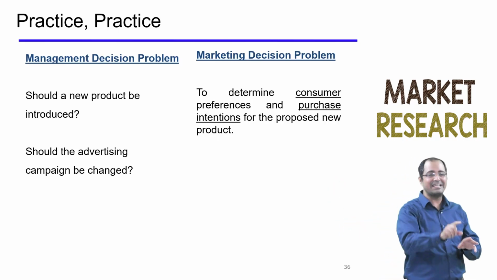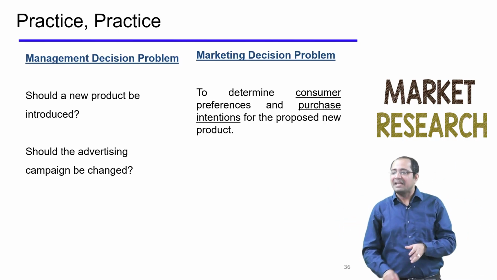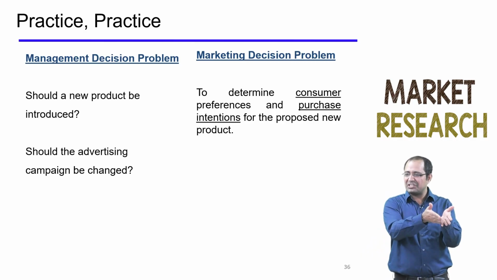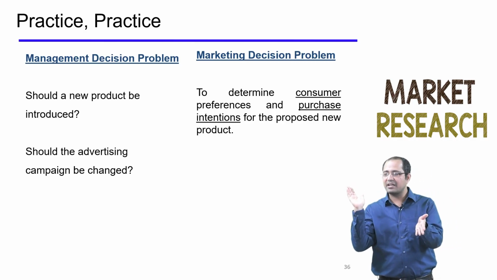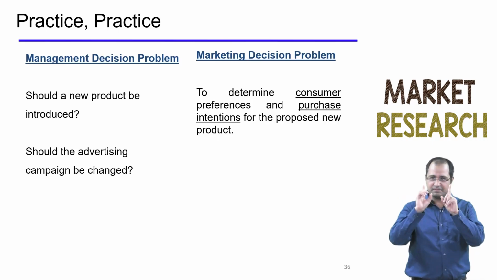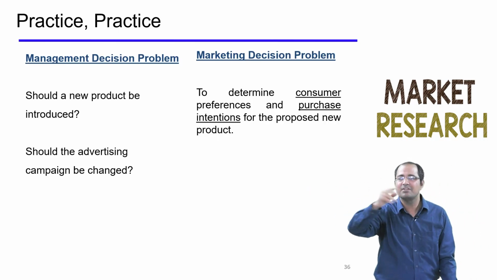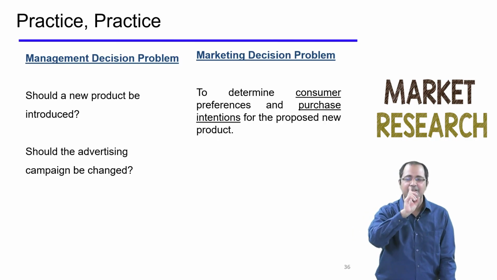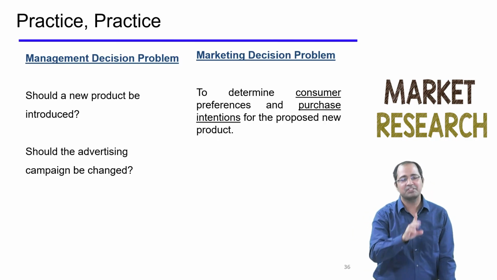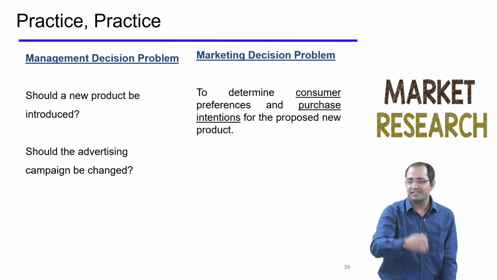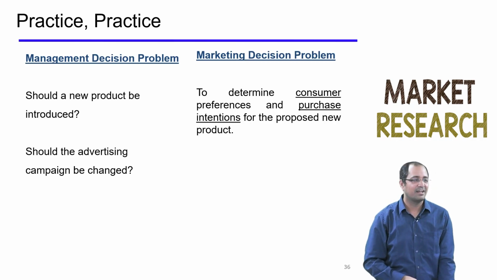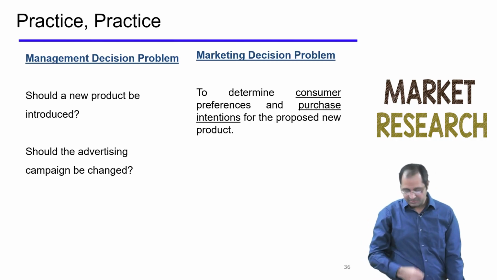What you have said is very correct. That is, is there a problem with the advertising campaign itself, or are there some other issues to take care of? That is correct. But just to write the marketing research problem, we'll focus on this exercise. Which means some students have understood what I have been trying to say in the last 1.5 hours. Very good. So this is another way of stating.